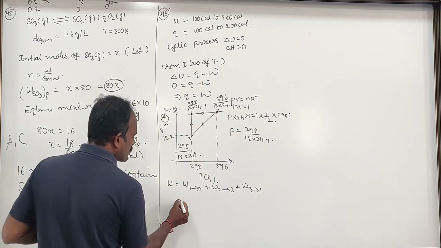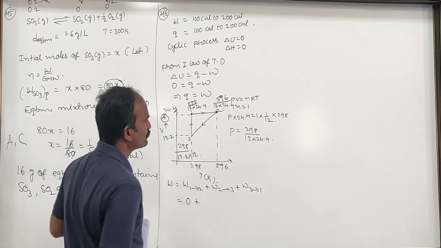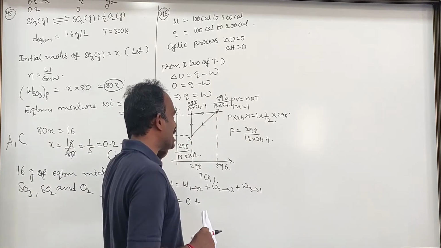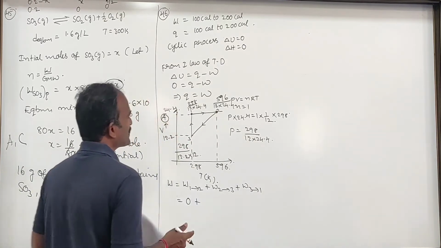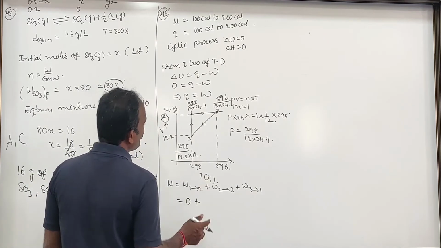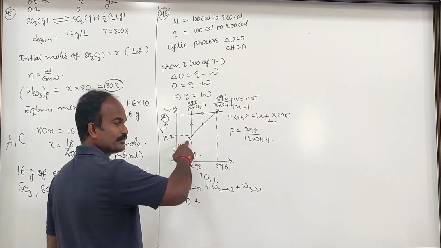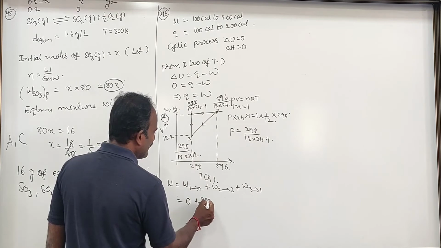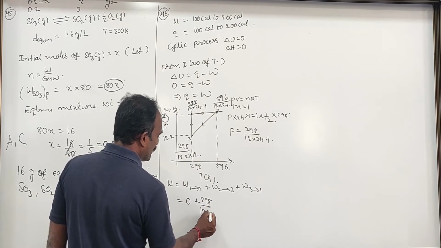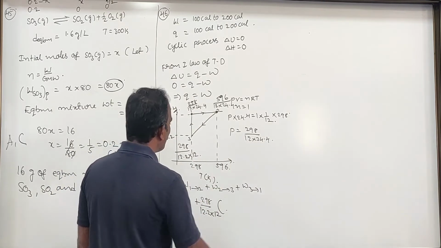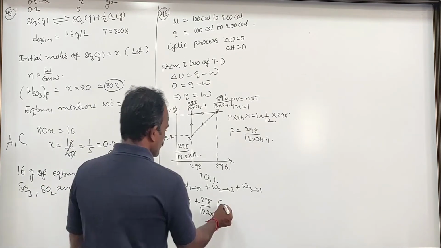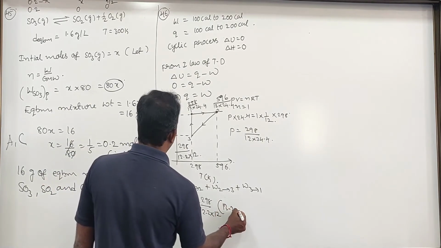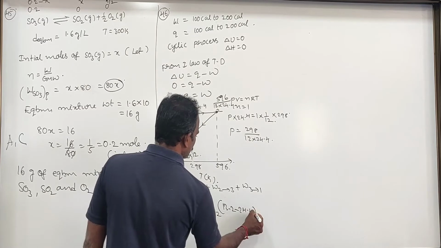Therefore, this process is an isochoric process, so work is 0. From here to here, minus P external into delta V. Which P external do we have to take? Final pressure. So, 298 divided by 12.2 into 12 into V2 minus V1, that is 12.2 minus 24.4.